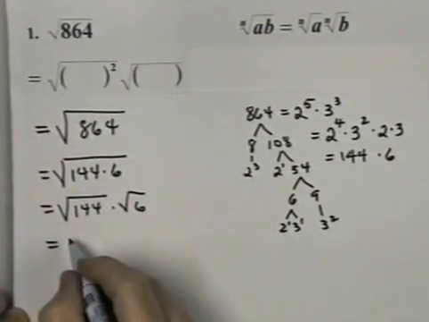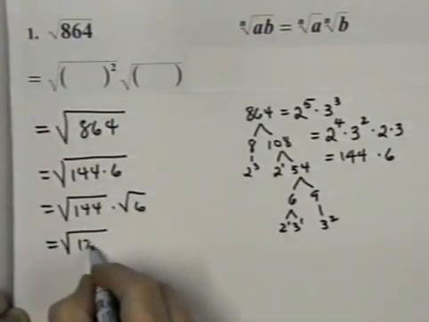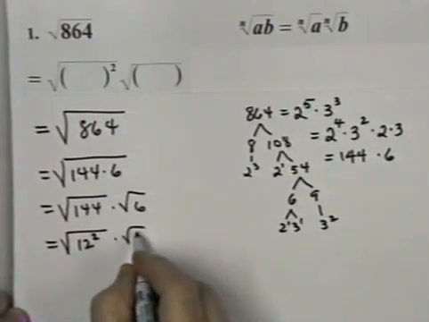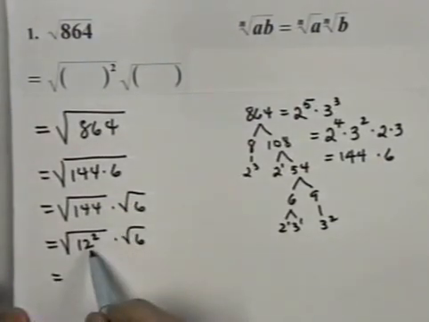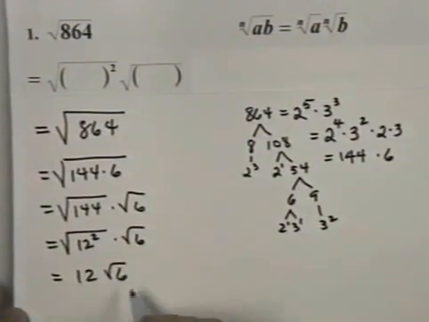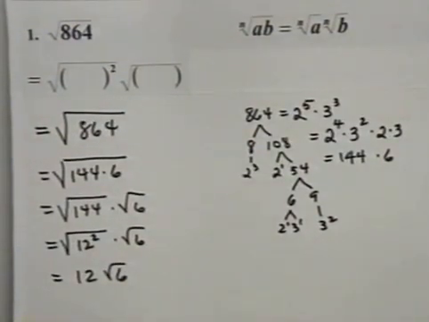In other words, I could write it as 12 squared, just to emphasize the point, and the square root of 12 squared is 12 times the square root of 6.